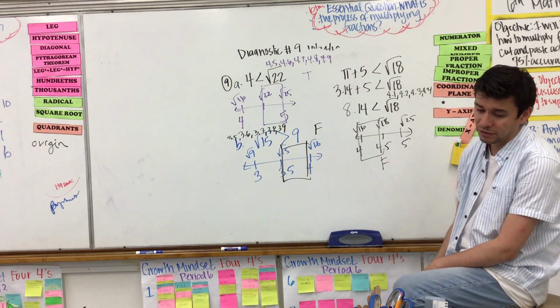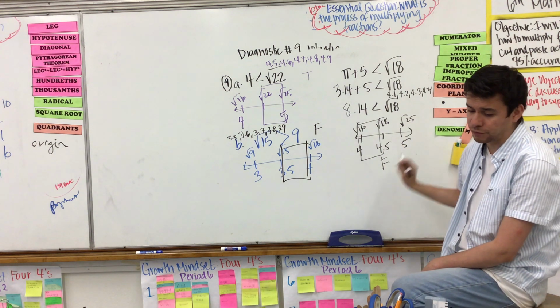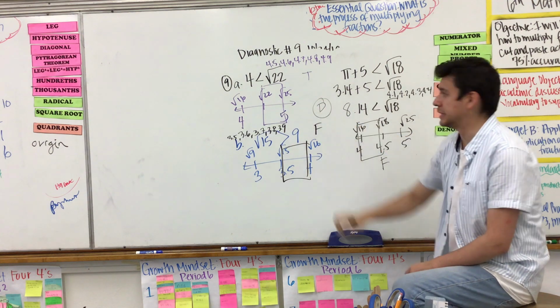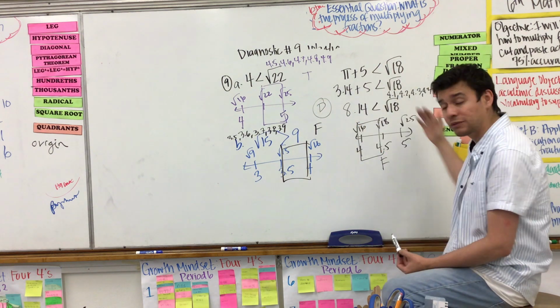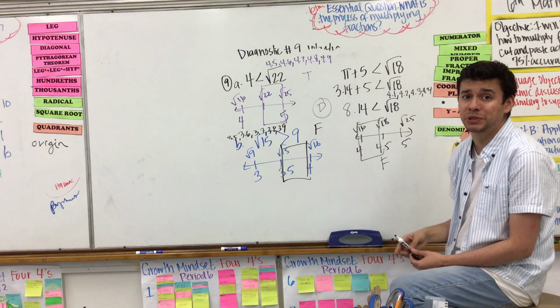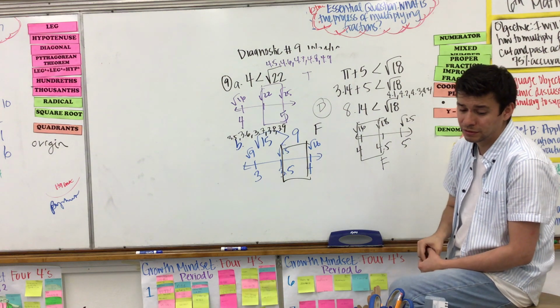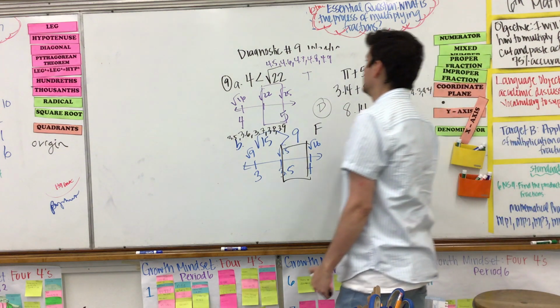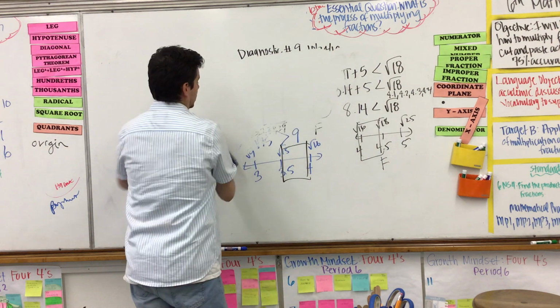That's false. So the answer should have been true, false, false. Letter D. I know it's a lot of work, but that's what you need to do to answer this question. Number 10 now.